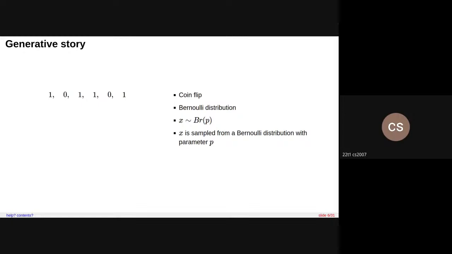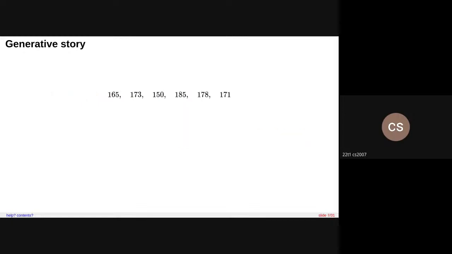Okay, sir. So another instance is when your data set has real numbers like this. You can think of this as heights of people, in centimeters, like 165 centimeters.